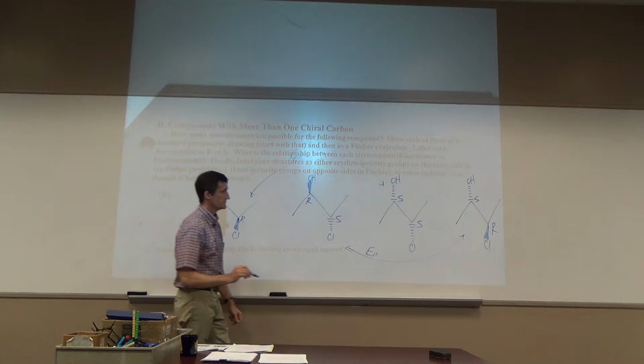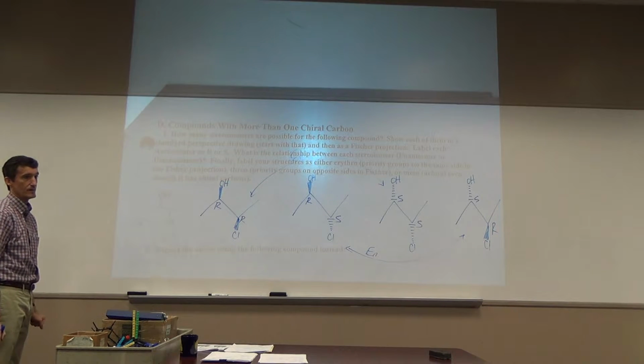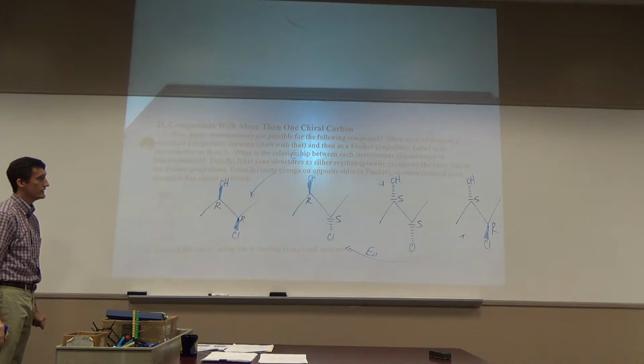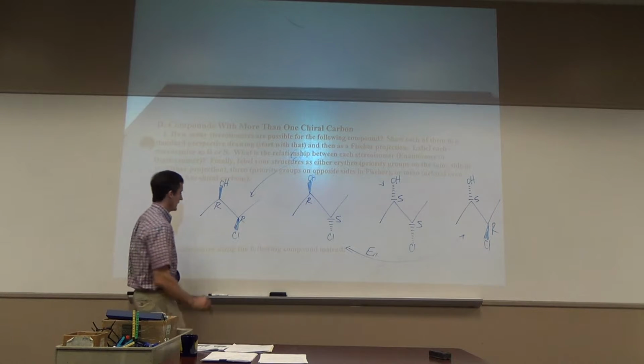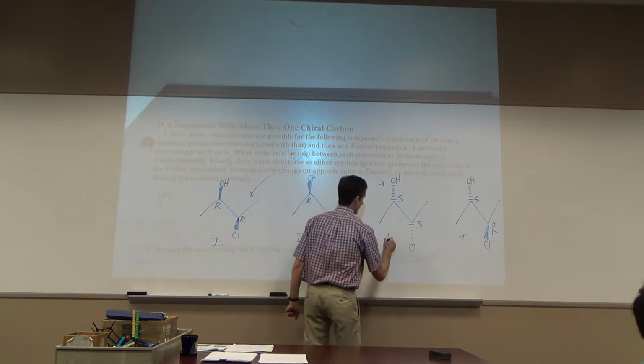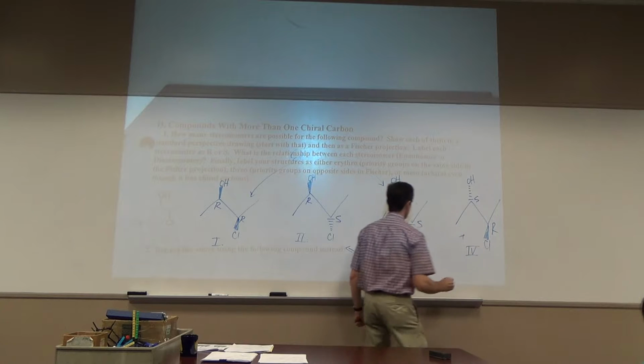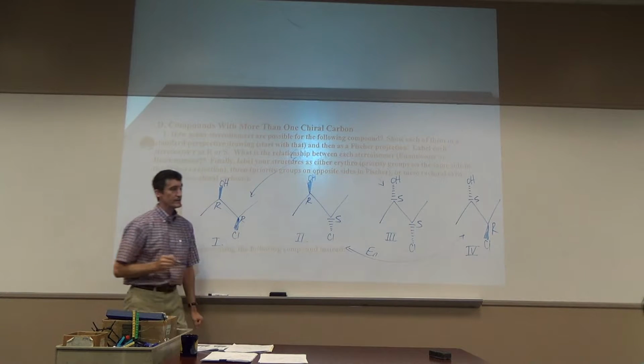Those are enantiomers. Okay. Let's call these 1, 2, 3, and 4. So 1 and 3 are enantiomers.